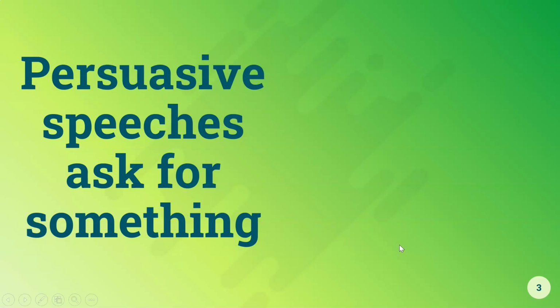Persuasive speeches ask for something. It's about influencing other people, their behavior, their attitudes, and their beliefs. So persuasion seeks to change audience opinions to get agreement with them, or change their behavior, what they do.